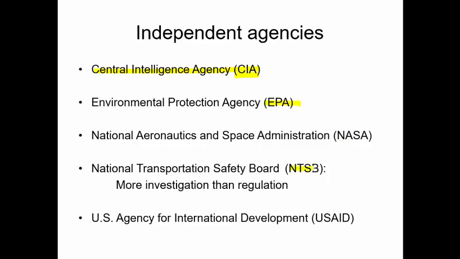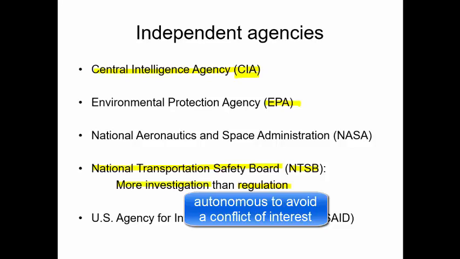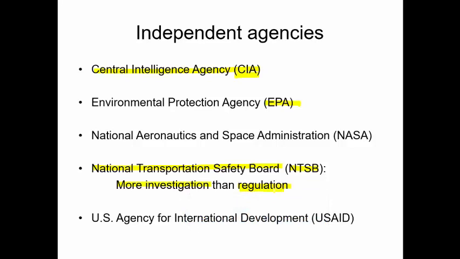The NTSB, the Transportation Safety Board, is also an independent agency because it may need to be independent in order to investigate an accident that needs to be separate from the regulatory bureau in the Department of Transportation to avoid a conflict of interest in order to investigate a problem that could have been the fault of the Highway Administration in another department.